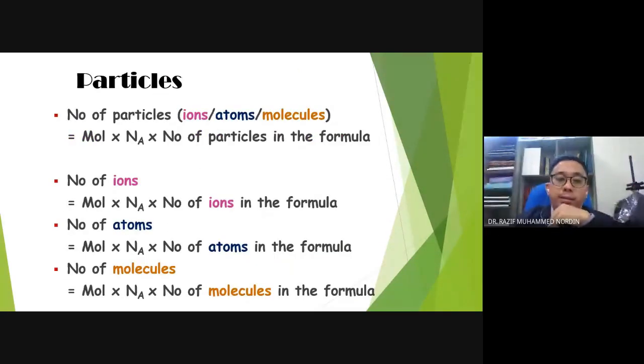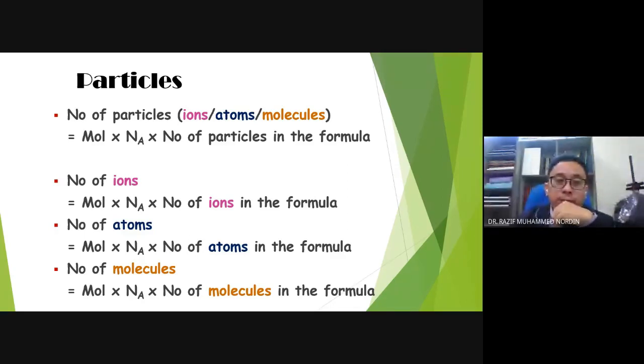And then the number of particles, that could be cation or anion, or atoms or molecule, equal to moles times the Avogadro number and number of particles in the formula, in the molecules or in the compound.